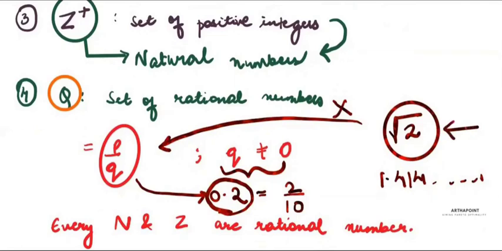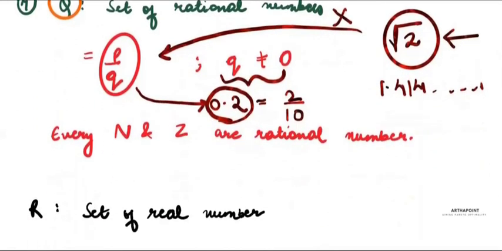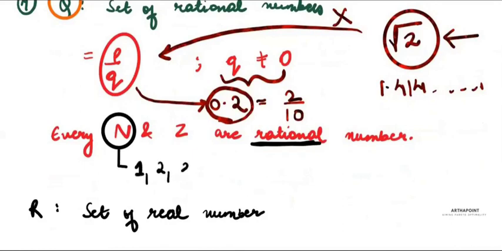Now, notice that every natural number is automatically a rational number, because a natural number can be 1, 2, 3, etc. And I can write 1 as 1 by 1, 2 as 2 by 1, 3 as 3 by 1. So it automatically becomes a rational number.